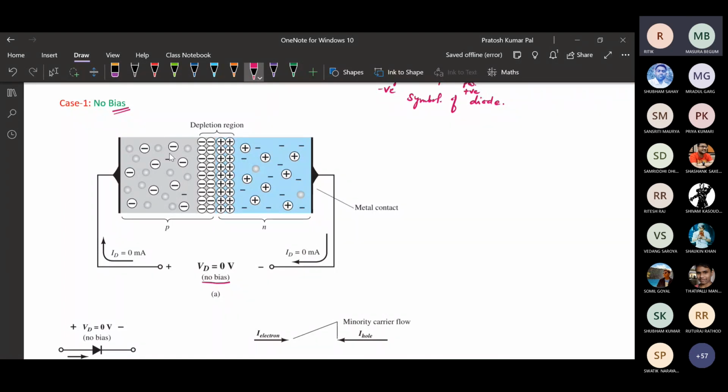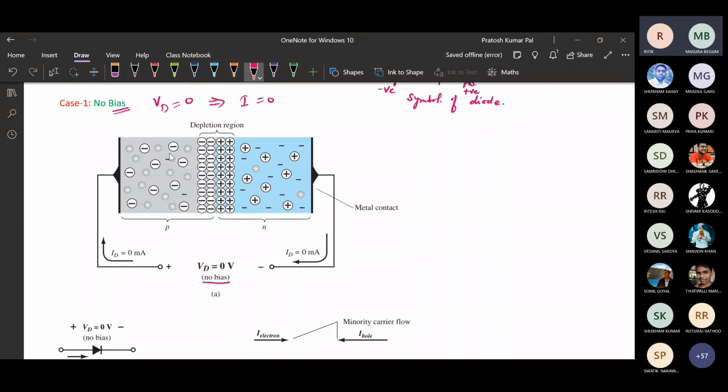The two terminals will be an open circuit, so Vd equals 0. There will be no biasing voltage. As there is no biasing voltage, the current will also be 0. So there will be zero current flowing through this diode circuit.